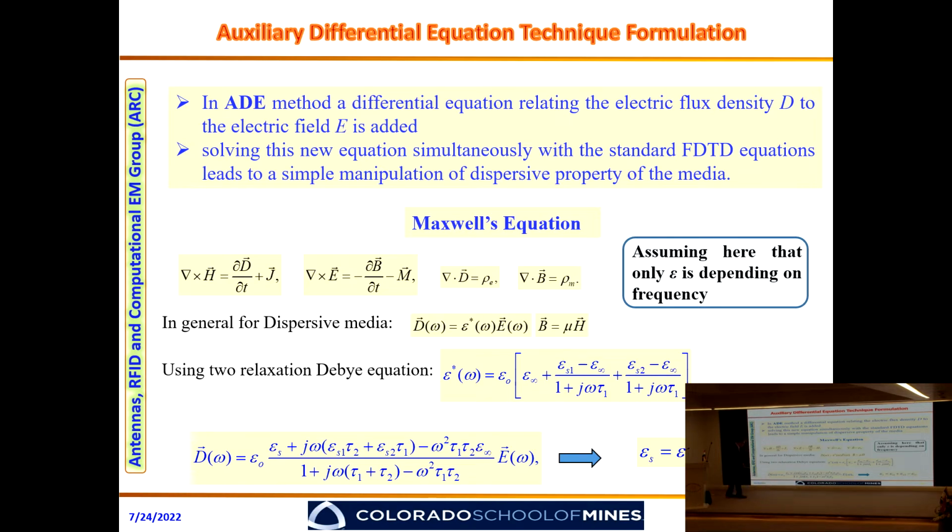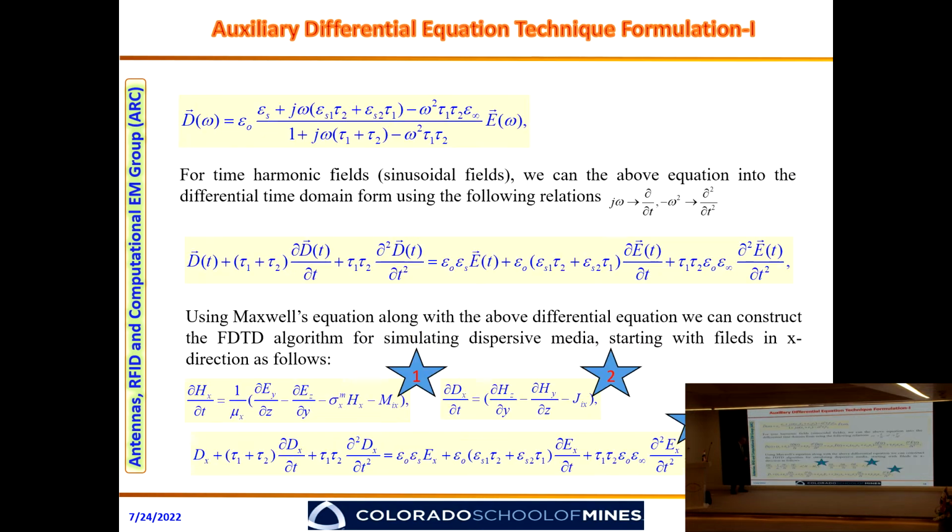You can see the updating equation of D, or this is D as a function of frequency. This is the updating equation for D. So the first process is to update H, and then update D, and then the relationship between D and E, we bring it into the time domain and apply this equation to obtain Ex. So basically we have Hx and Ex. Ex comes in two steps rather than a direct step from H.